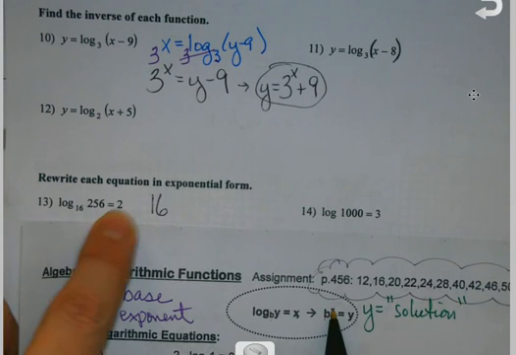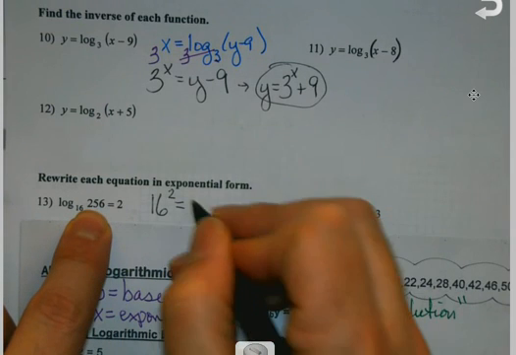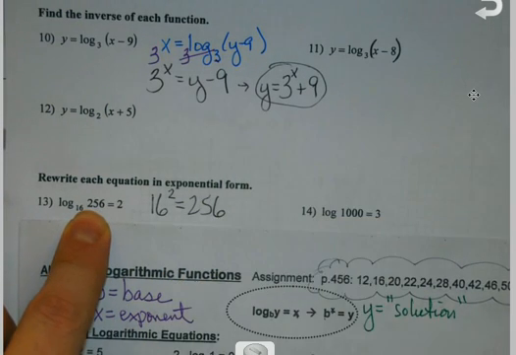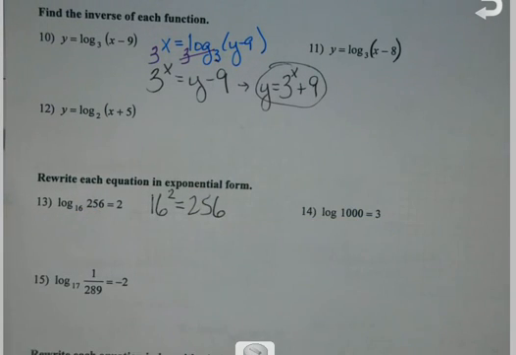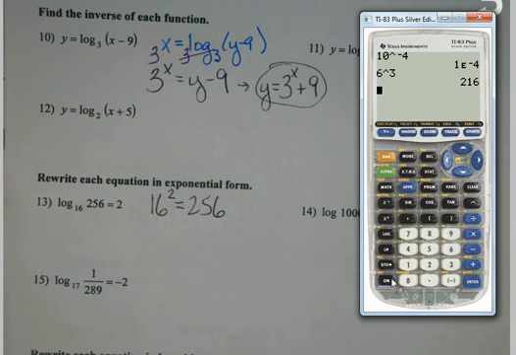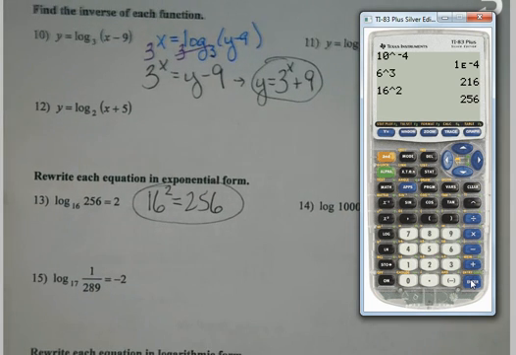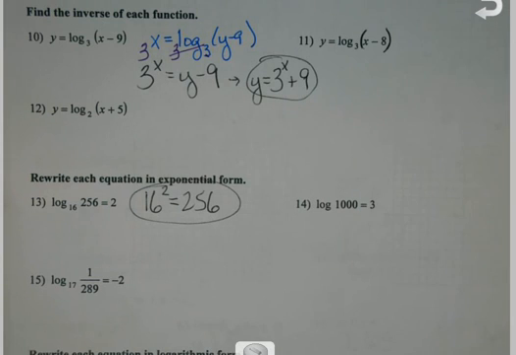The exponent's the number on the other side of the equals. And that's my solution. And if you're not sure if that makes sense, you've always got a nice backup plan, which is I go to the calculator and I type in 16 to the second power. And if it equals 256, and it does, there we go. And I work it that way.